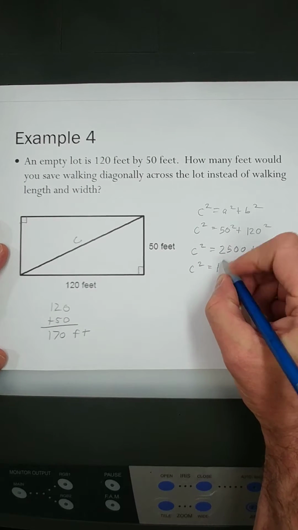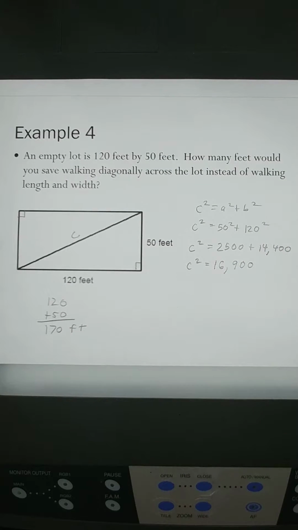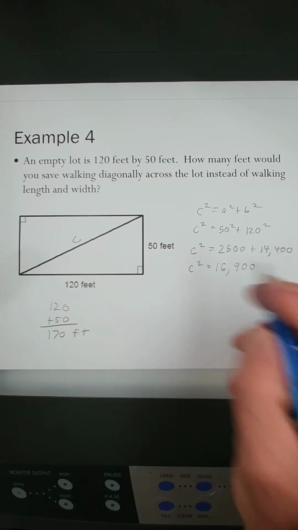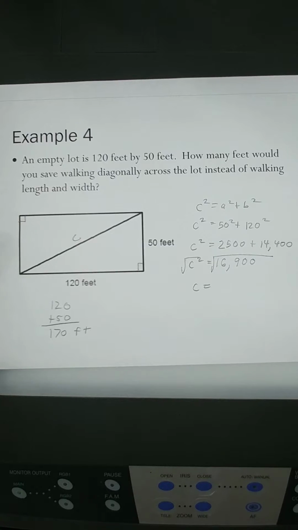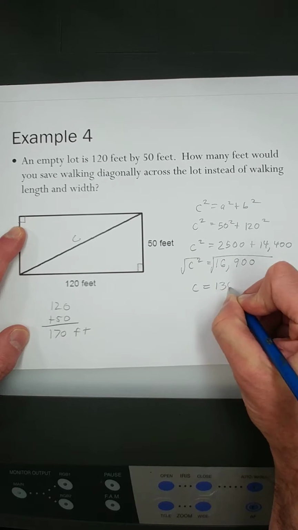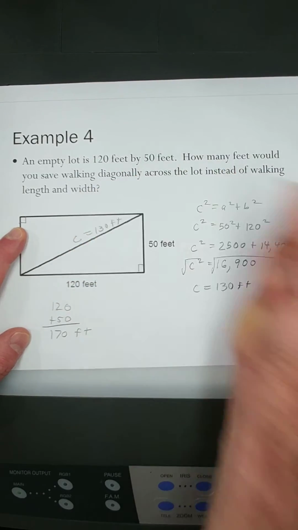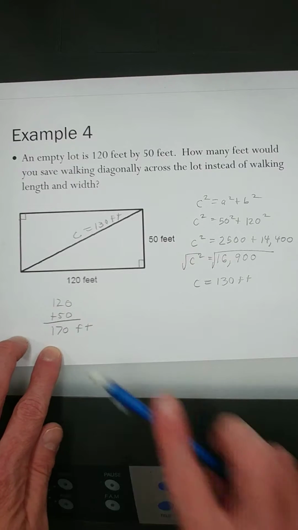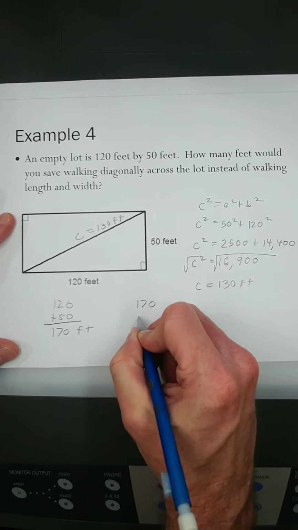So when you add these together, that's 16,900. If you take the square root of both sides, that value is 130 feet. So walking straight across the park, it would be 130 feet. Walking length and width, it would be 170. So you would actually save 40 feet.